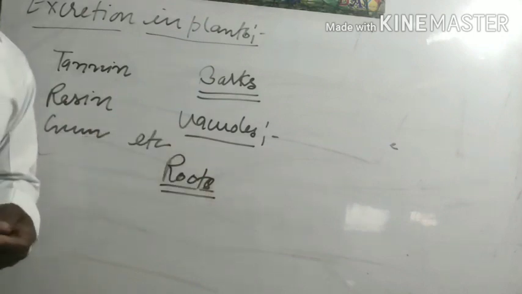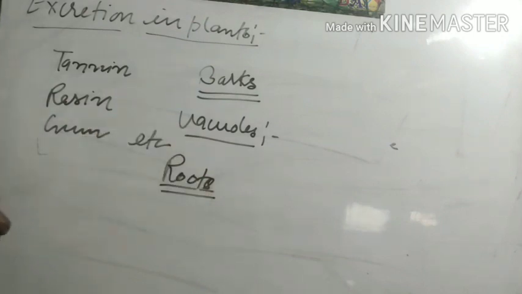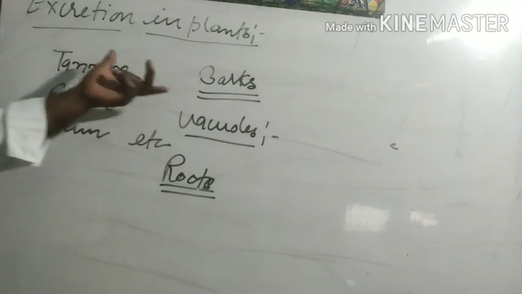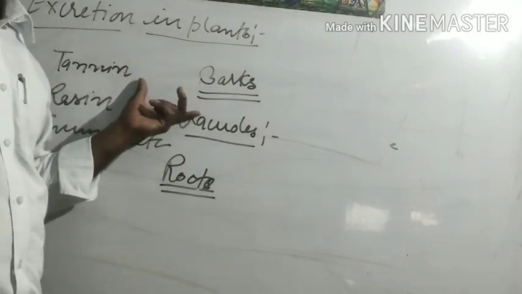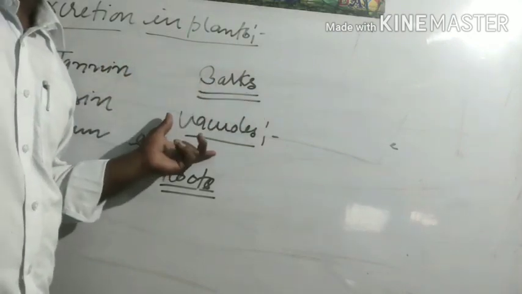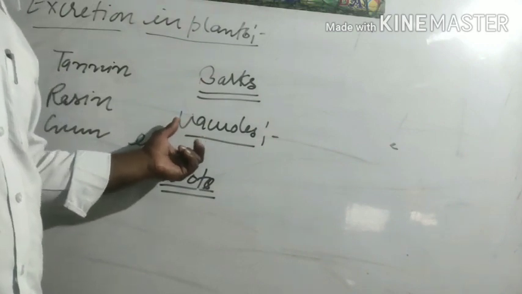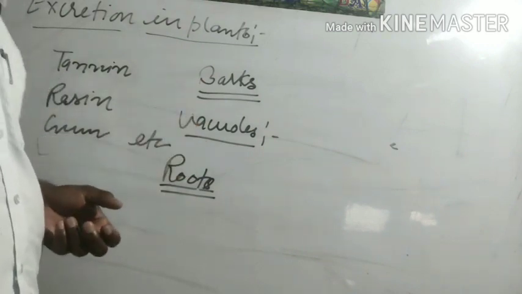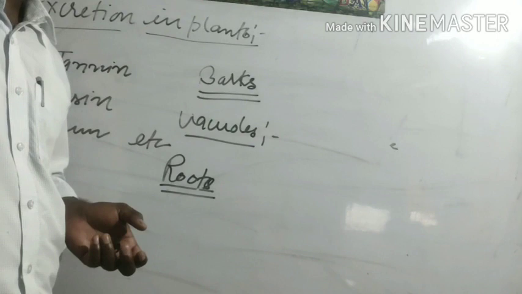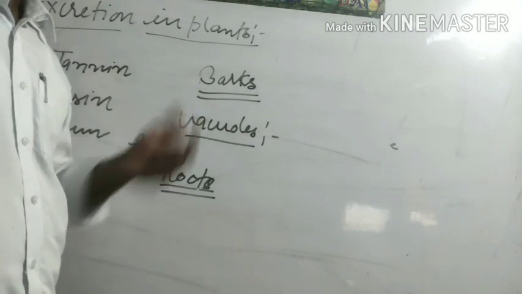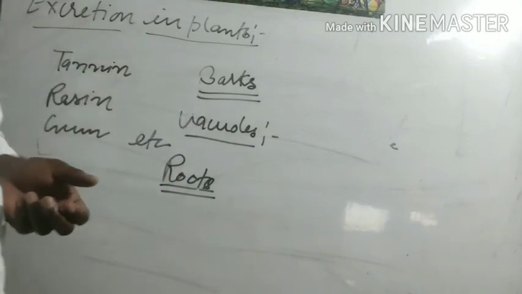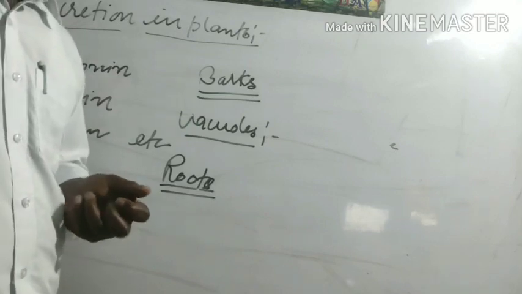We have seen how there is excretion in plants. Very few topics are given in your book, which I have discussed. If you have any problem, you can ask me, you can write in the comment box, and the other topics are taught by the other teachers.